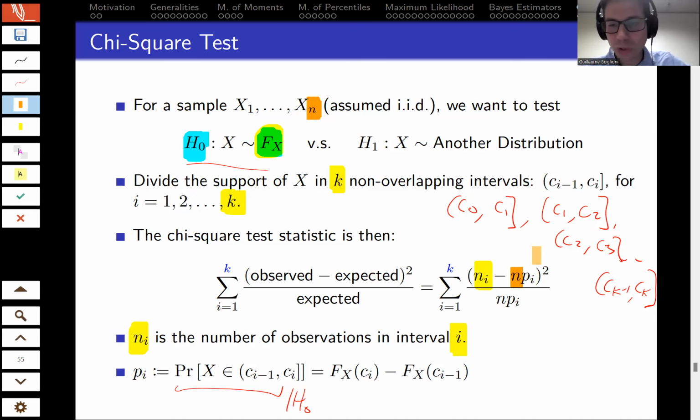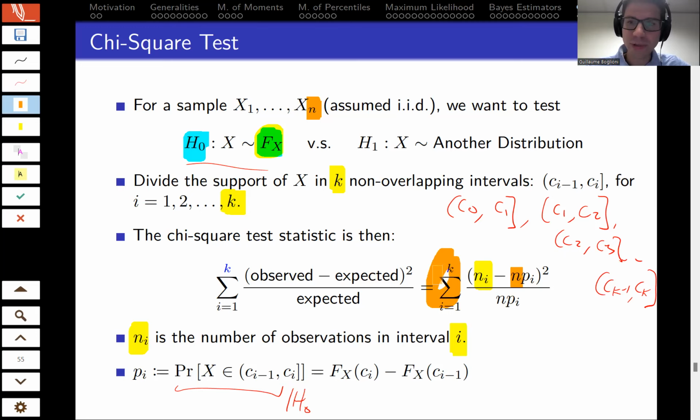Then you take the square of that. Of course, if the data does not conform well to your model, then at least for some intervals, the observed will be very different from the expected. If the observed is very different from the expected, it means your model is not very good, because you get very far from what you expected under the model. Now you take the square because you don't want negative values when you take the sum.